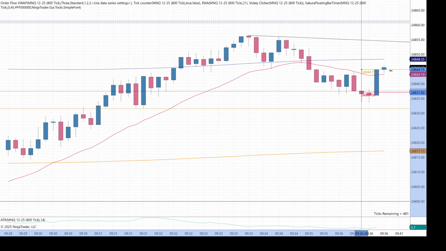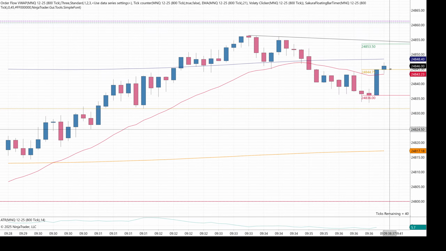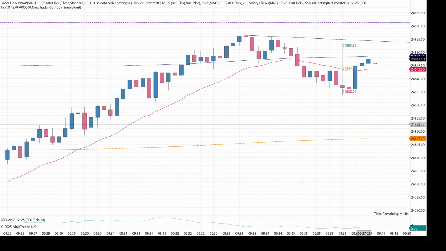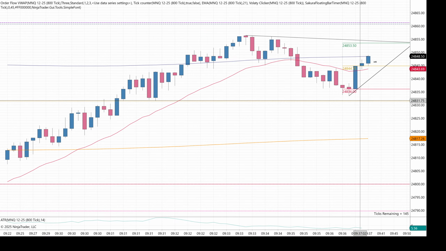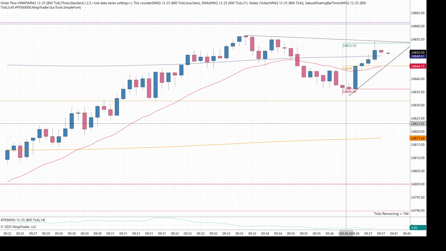This is a signal to go up, but we have the standard deviation in the way, so not going to take it. Did work though.